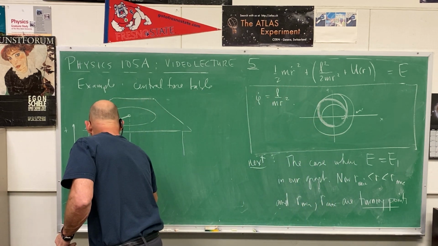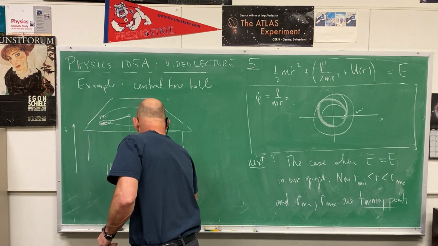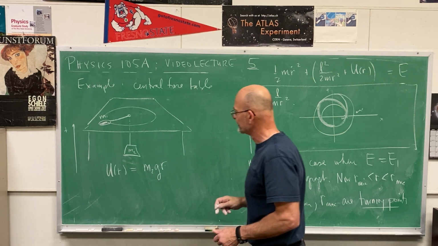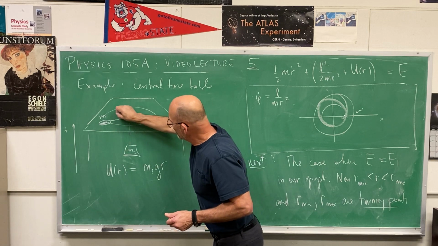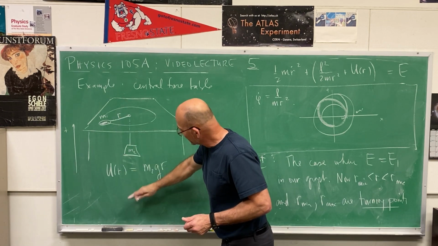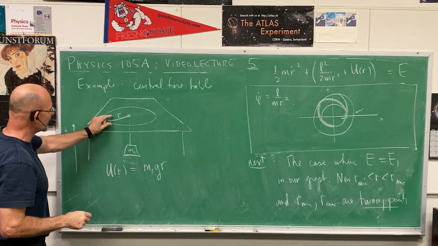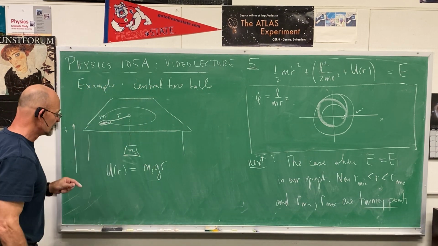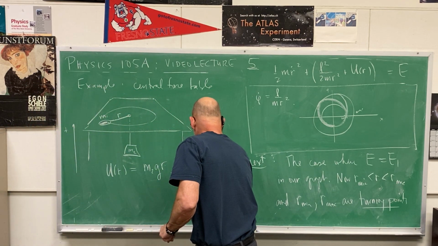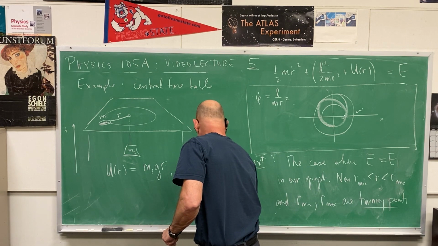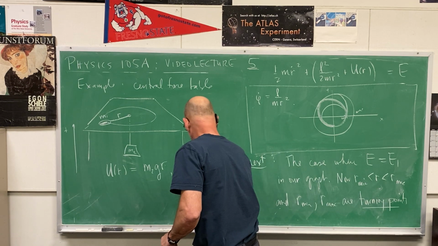So U of R is equal to M2GR, because as this mass varies up and down, this R increases correspondingly. So if I increase R, this thing goes up the same way. So U effective is L squared over 2MR squared plus M2GR.